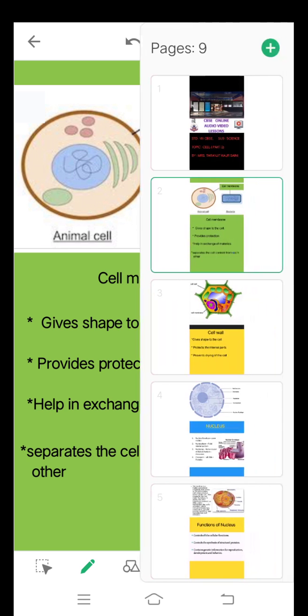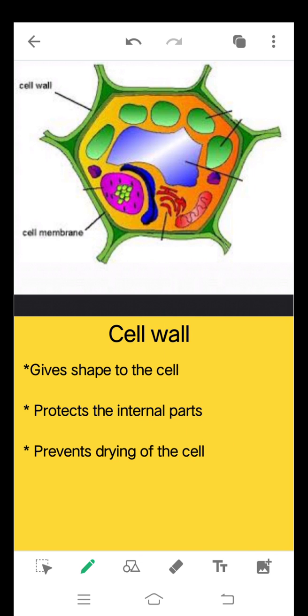Now in plant cells, there is one additional covering found, which is called the cell wall. The cell membrane is present in all the cells, but this cell wall is present only in plant cells. So we can say that the outermost boundary of an animal cell is the cell membrane, but the outermost covering in a plant cell is the cell wall, which is made up of cellulose.